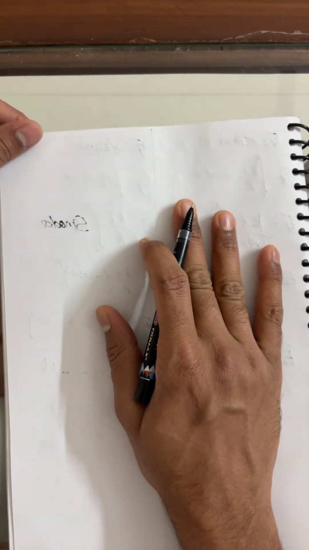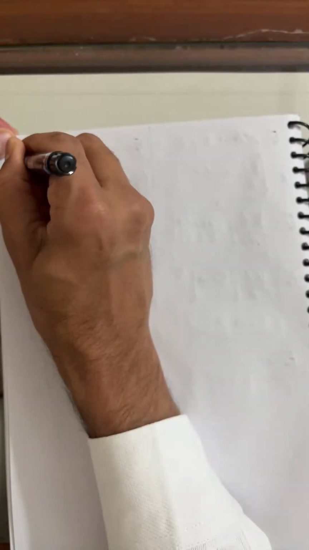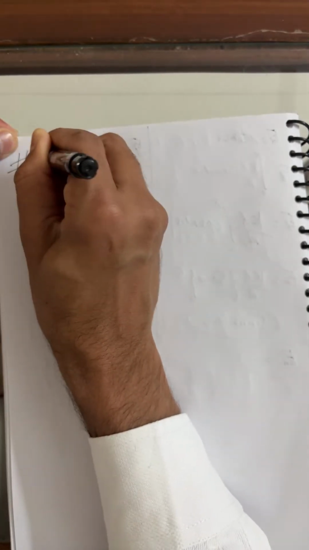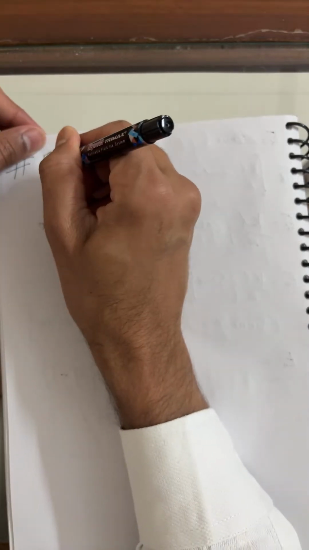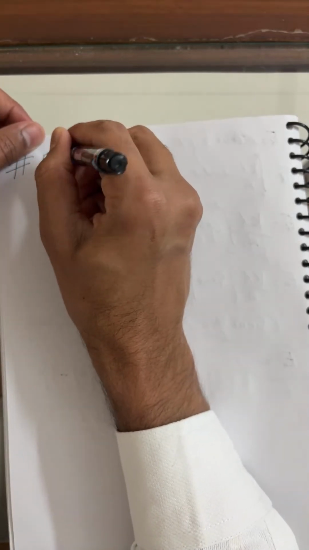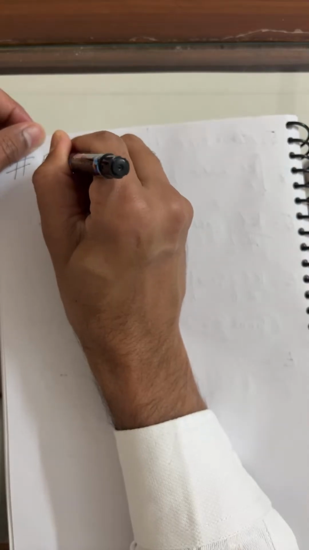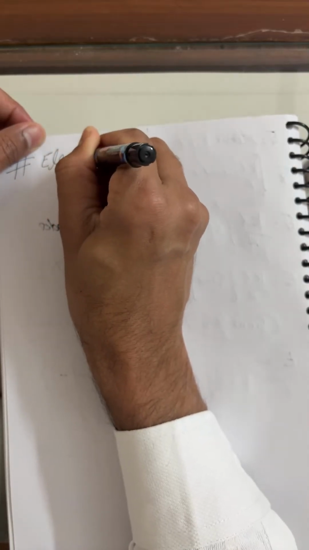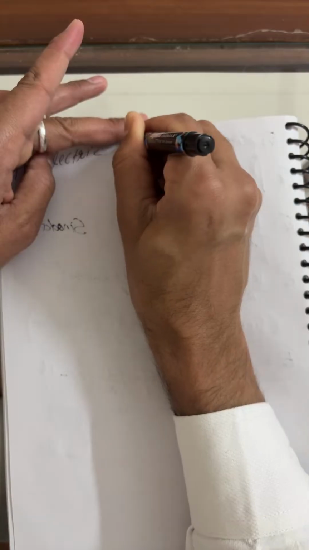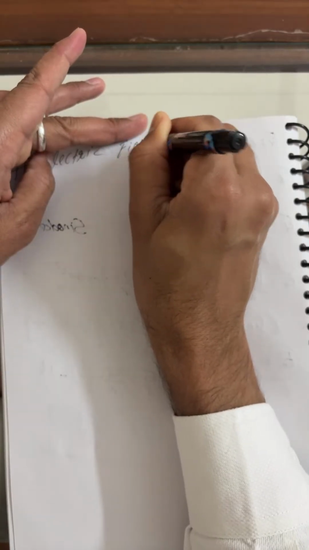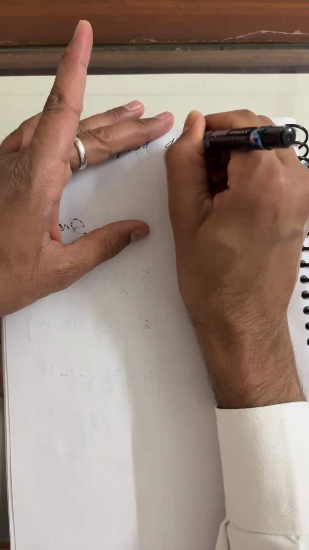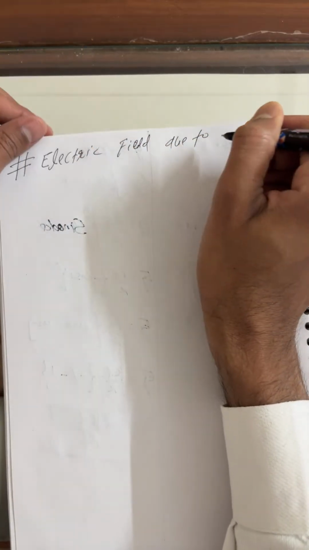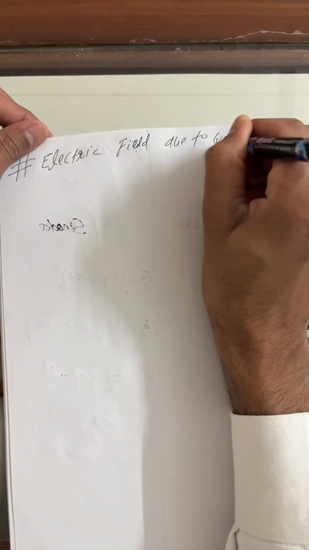So what is next? Next, I can say, electric field due to quartering. These all are problems, I can say concepts. Also, we are helping concept building for students. So this is electric field due to quartering.